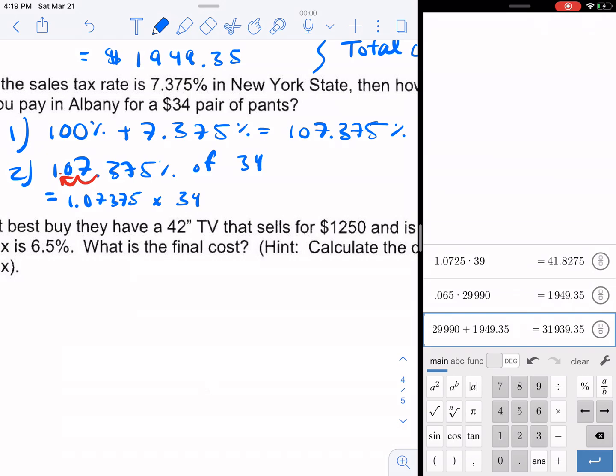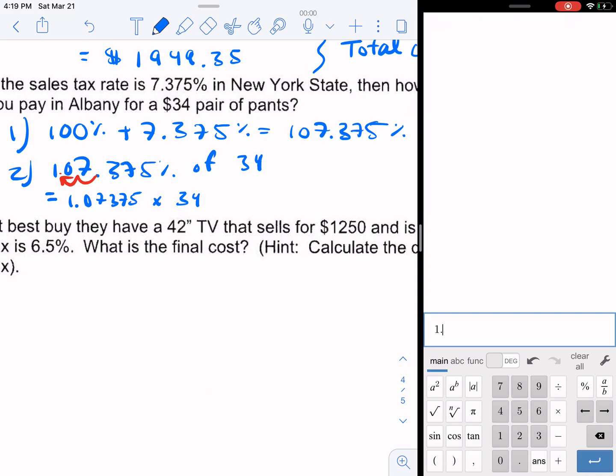If you do all that, let me clear all these. You have 1.07375 times $34, and that's going to be your cost. Do it this way. So it's going to be $36.507.